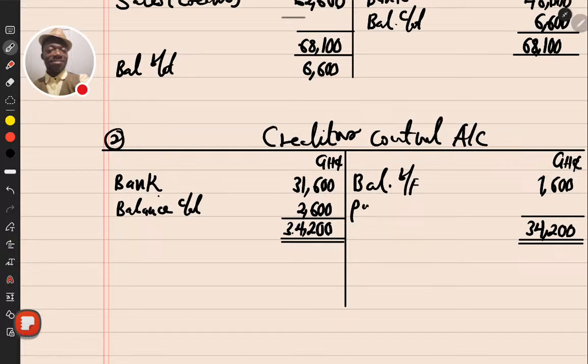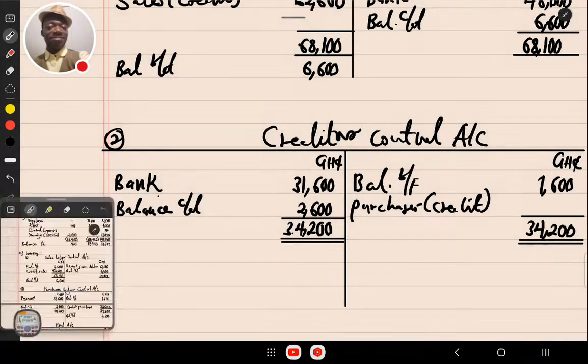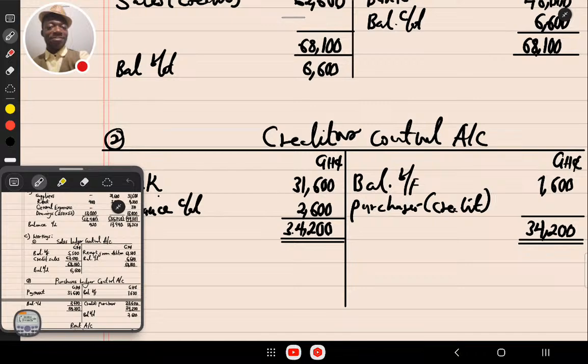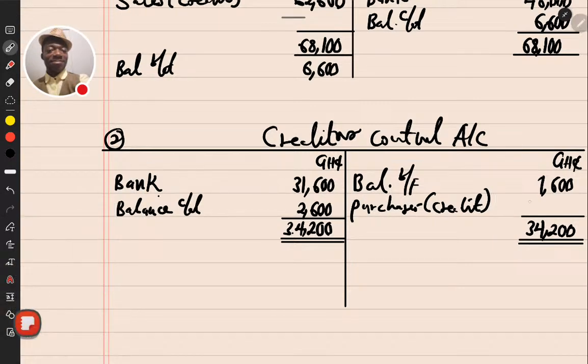So you have purchases. So that should be what? Credit. So what do we get when you find the difference? In my case, I had 32,600. So we have here 32,600. As always, for us to get our total purchases, it's supposed to be credit purchases plus cash purchases.